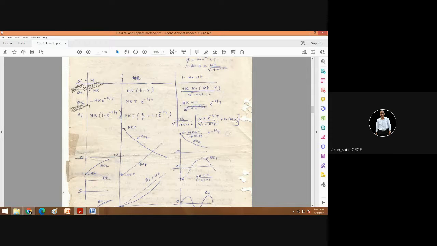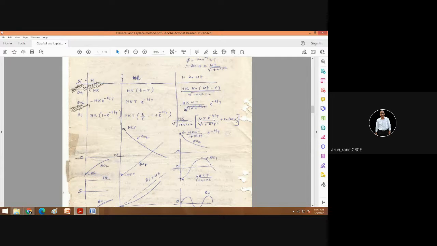Now coming to your transient response, that is theta O2. Any differential equation will give two outputs, the particular solution and the complementary solution. The complementary solution represents the transient response.